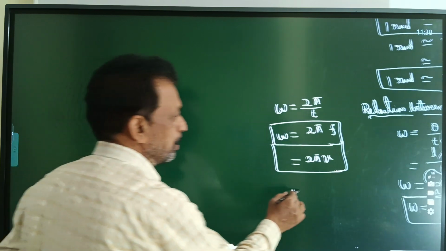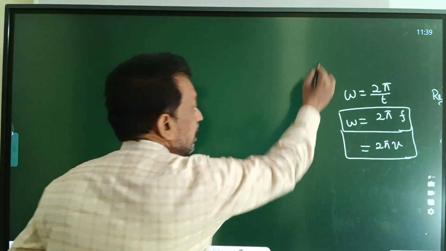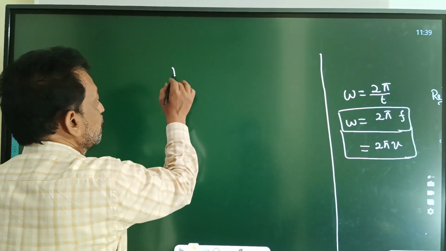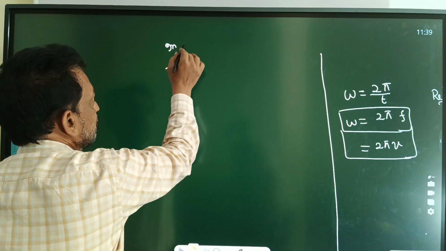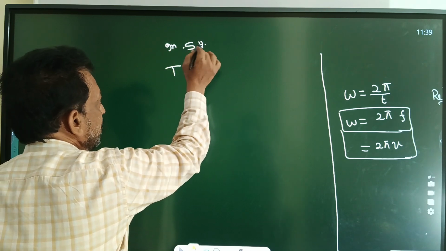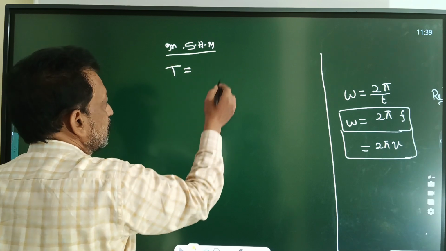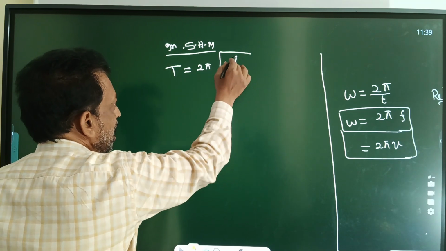Now generally we are going to say simple pendulum. In simple pendulum, or in simple harmonic motion, time period T is equal to 2 pi square root of L by g.